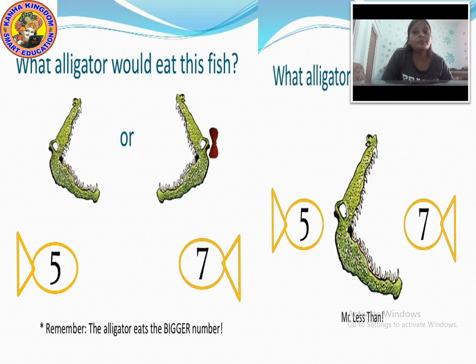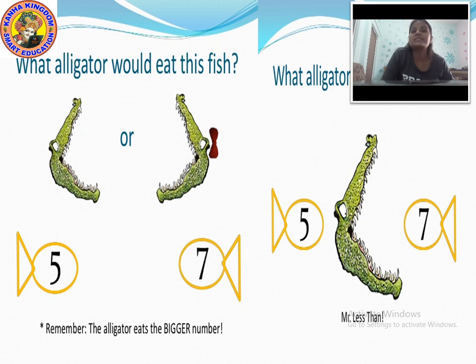Mr. Less or Mr. More? Yes, here Mr. Less is eating the number 7. So we will write it like this: 5 is less than 7.